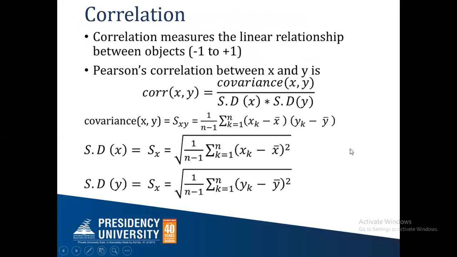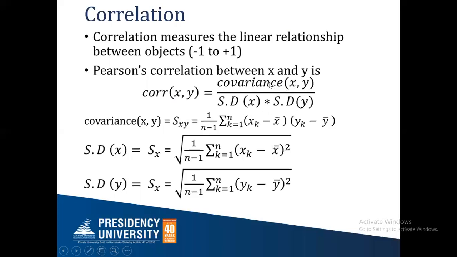Next we have the correlation, based on the linear relationship between objects. This measure can range between -1 and +1. It is calculated using Pearson's correlation. The formula is correlation of x, y, which is calculated as covariance of x, y, divided by standard deviation of x times standard deviation of y.